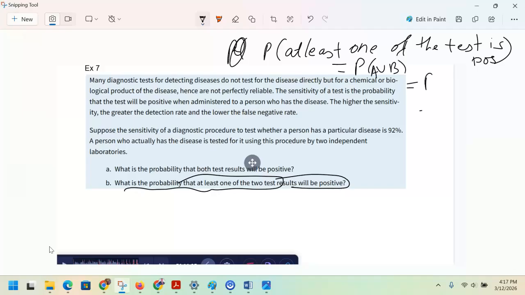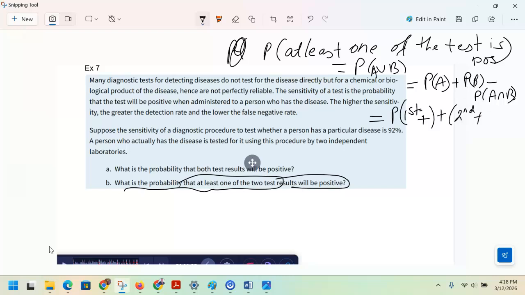A union B is the probability of A plus the probability of B minus the probability of A and B. So this means the probability that the first clinic is positive, plus the probability the second clinic is positive, minus the probability both are positive. The first positive is given to you as 0.92, the second is also 0.92, and for both positive we got from the previous problem 0.8464.